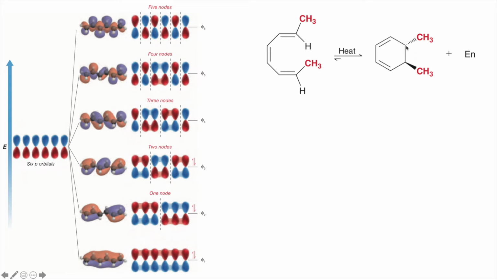There's no reason why either of these centers should be only one hand, R or S. And so you'll get a mixture of compounds. You'll get this compound where one is R and one is S, and then you'll get the enantiomer where the chiral centers switch configurations, and you'll have a 50-50 mixture of that. And the name for a 50-50 mixture is just a racemic, R-A-C-E-M-I-C, racemic mixture.